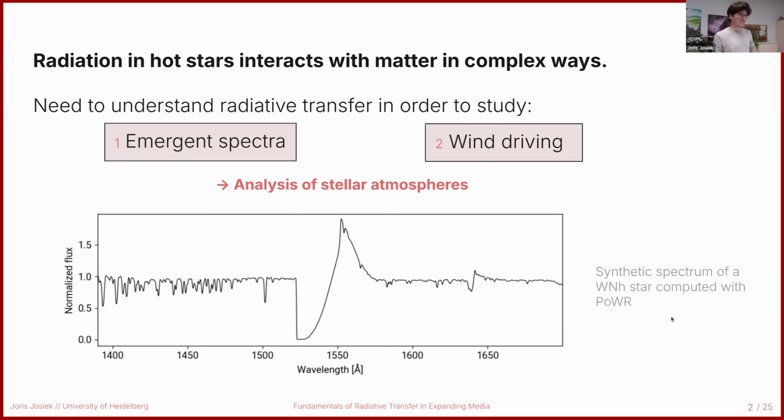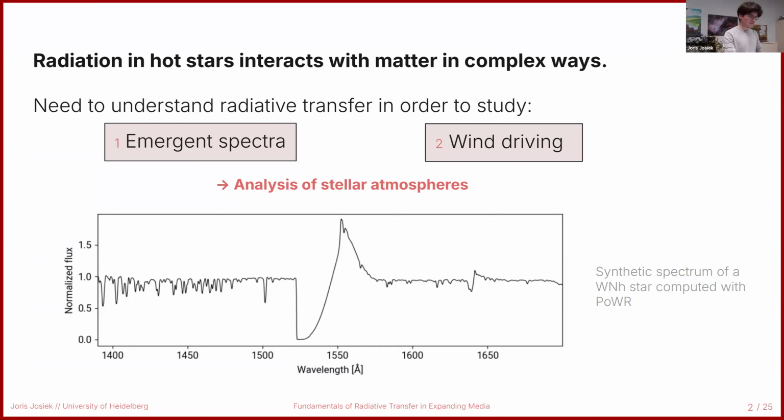And this includes basically understanding how radiation interacts with the matter in two ways. One of those is trying to explain emergent spectra, such as this one. This is from a model that you can see here. And on the other hand, also how radiation can transfer momentum onto the stellar wind.